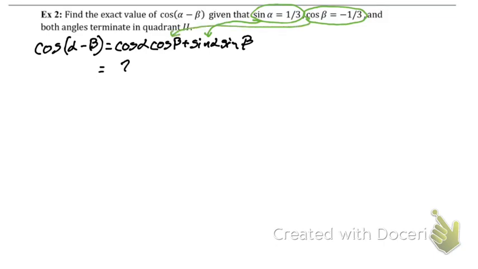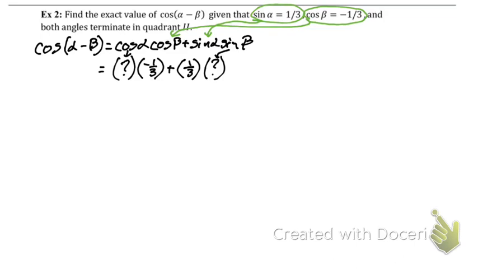We don't know what cosine alpha equals, so whatever that is times negative 1/3, plus our sine alpha is 1/3. We don't know what sine beta equals. So we really just need to find sine beta and cosine alpha.